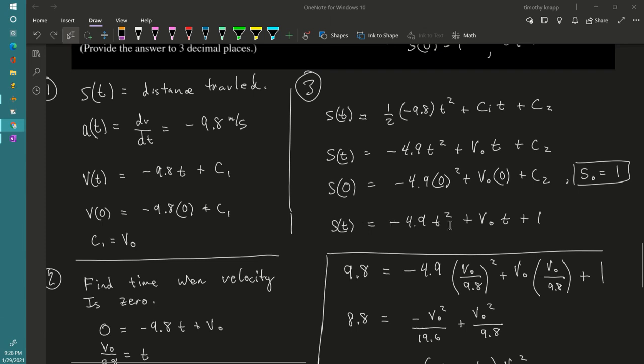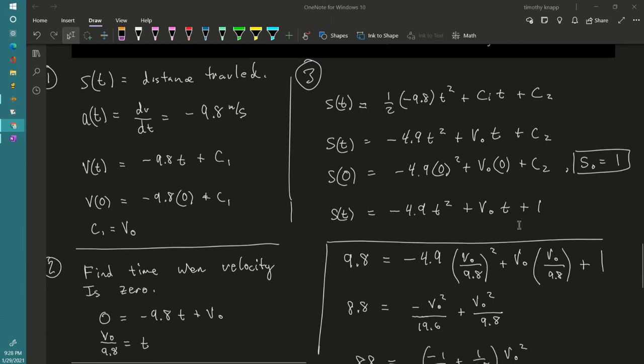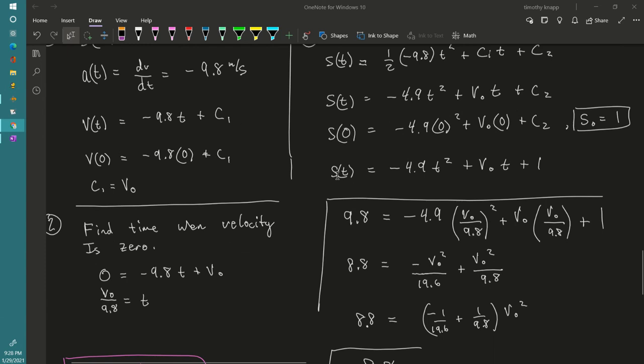And now here I've got this formula, okay? Now the idea is I want to find when the position is 9.8. So I'm taking S of t and setting it to 9.8, all right? And I actually know when that happens. It's at the top. The velocity at the highest point, the maximum, is 0, and I know the time is here.